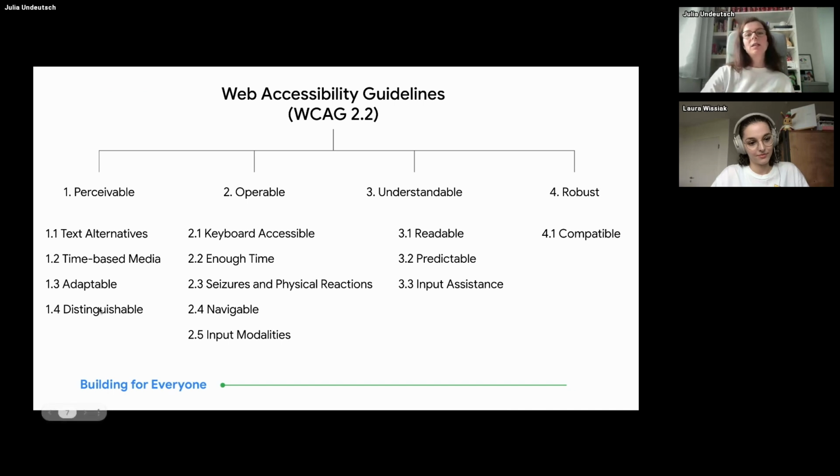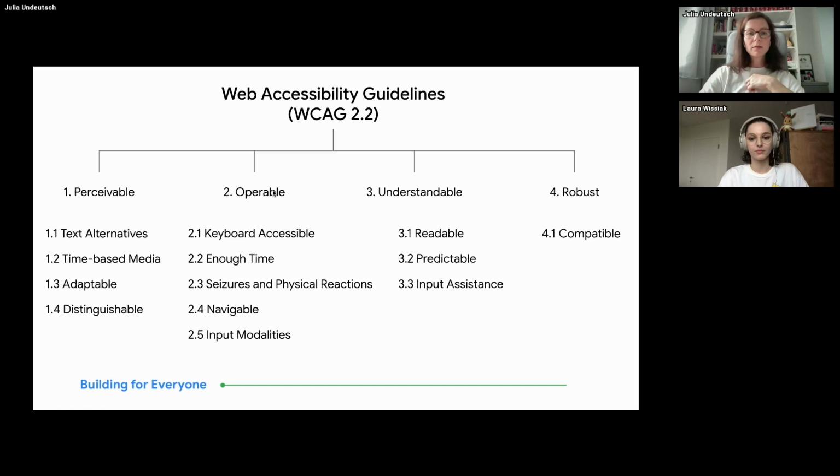For example, this would be color contrast issues. I mean more in the sense of when there's no color, that you do not rely on color alone, and all of these have several success criteria.